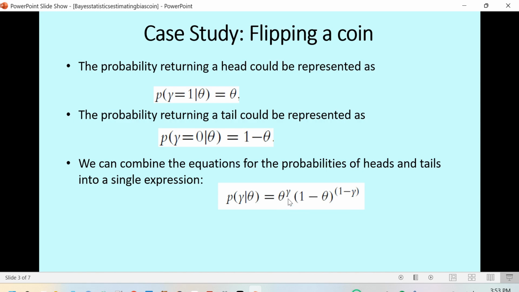If gamma equals 1, the second part is 1, which means we get a head, so the probability of head given theta is this term. Otherwise, if gamma equals 0, the first part is 1, so we get the second expression.